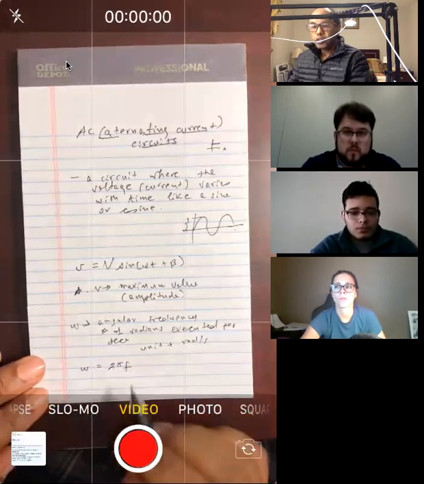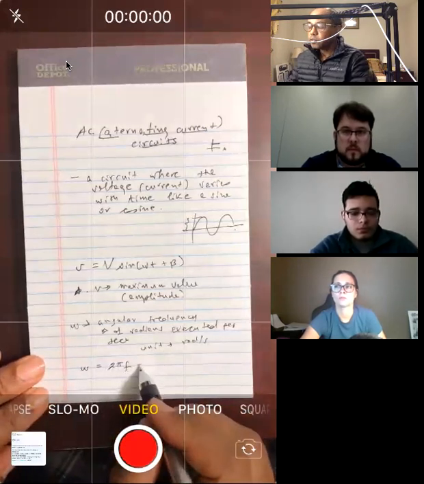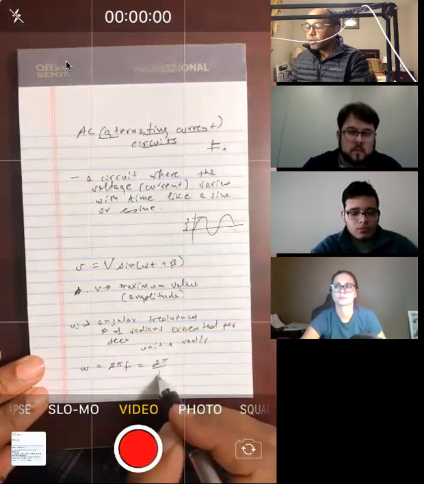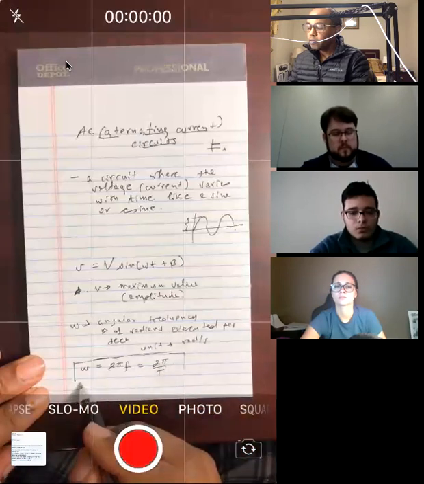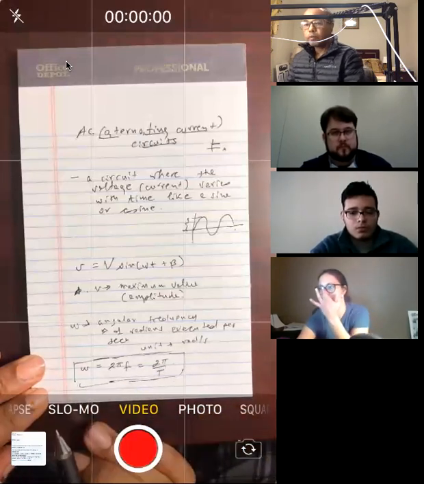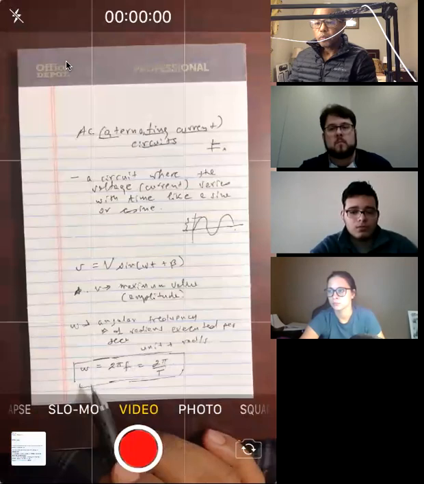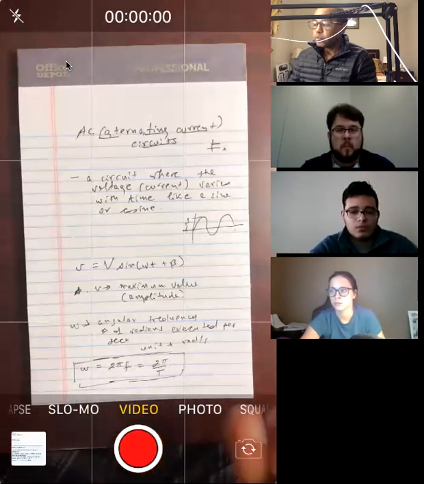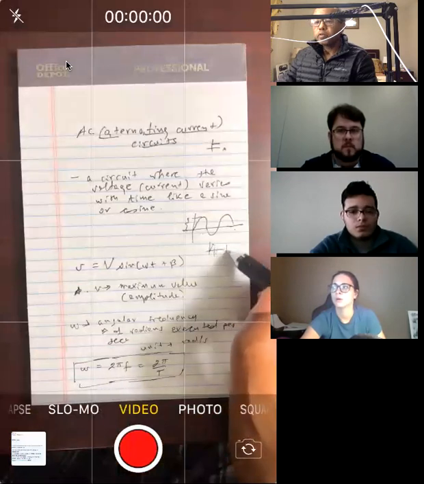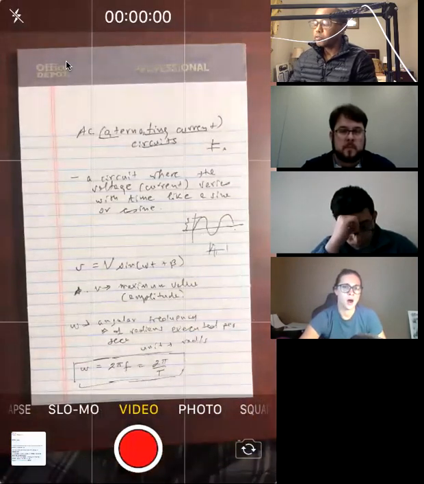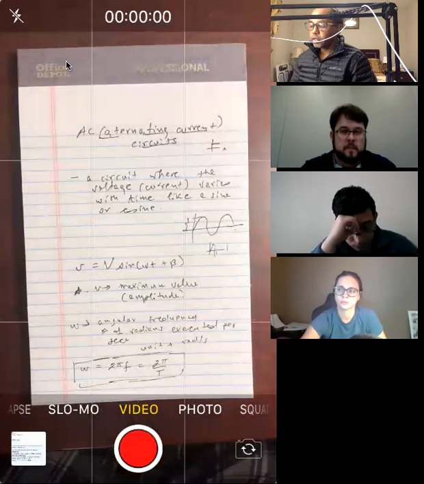And as you remember, frequency is 1 over the period, so we can also say omega is 2 pi over the period. So we have this relationship between angular frequency and period. The effect of this number is to increase the number of oscillations per second. If you increase omega, the function will oscillate faster like this.